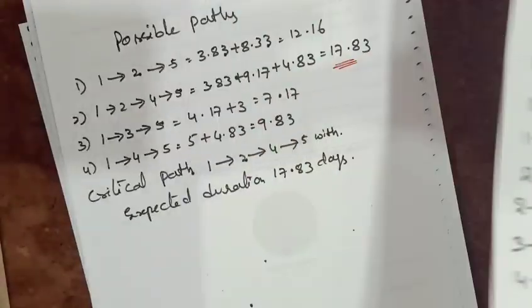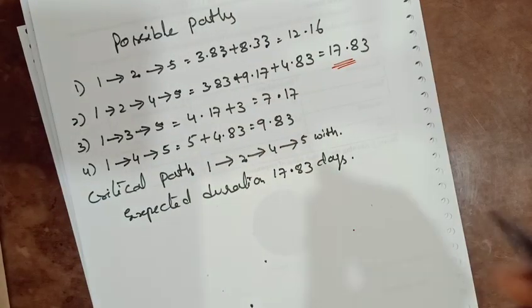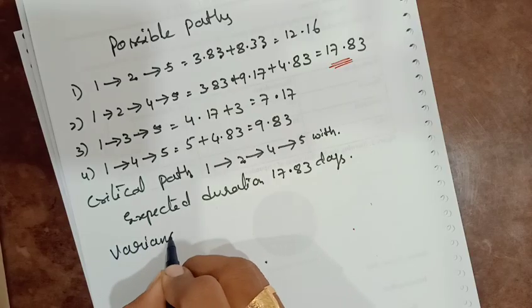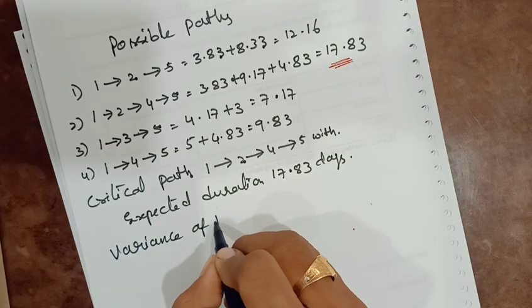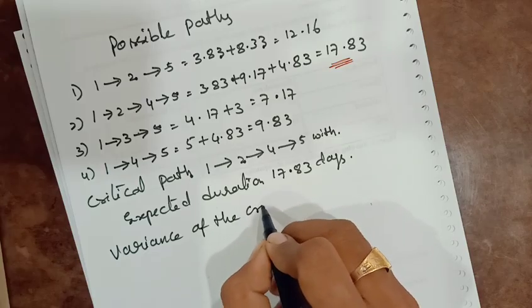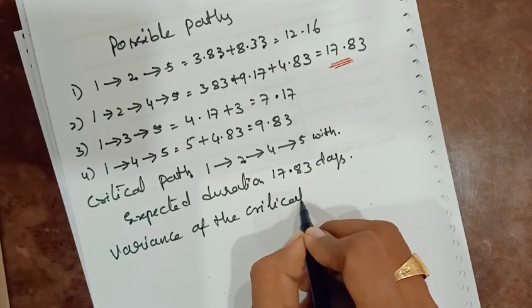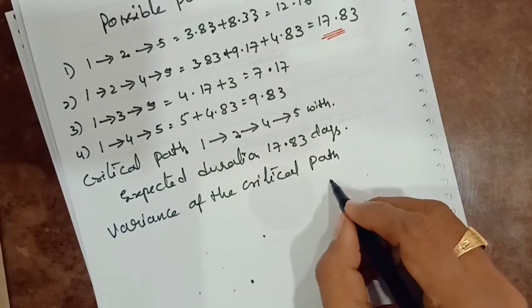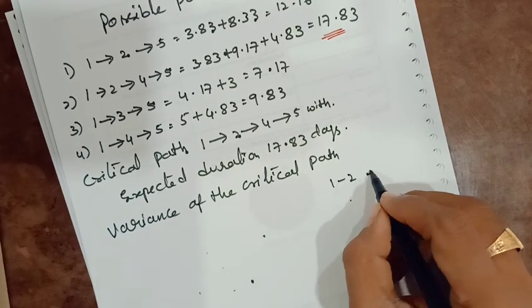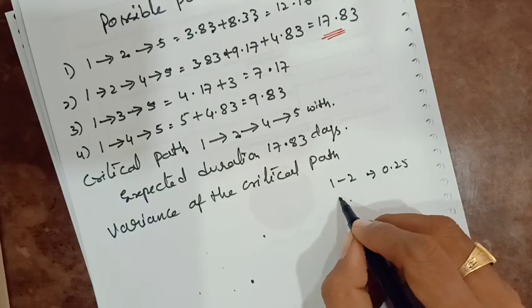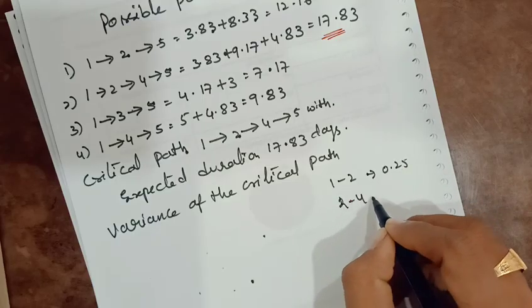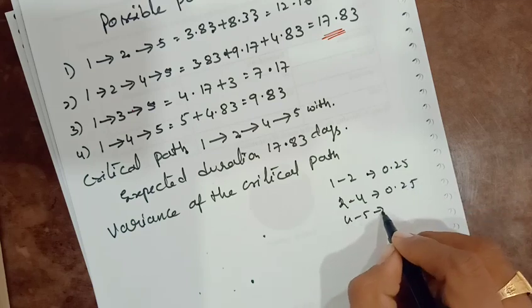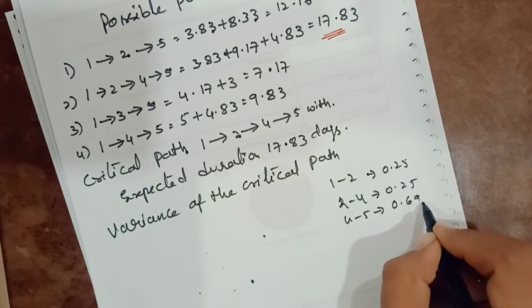So we will calculate the variance of the critical path. For 1 to 2 we have 0.25, for 2 to 4 we have 0.25 and for 4 to 5 we have 0.69.